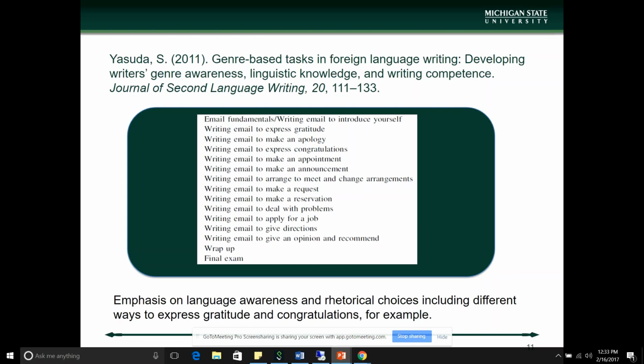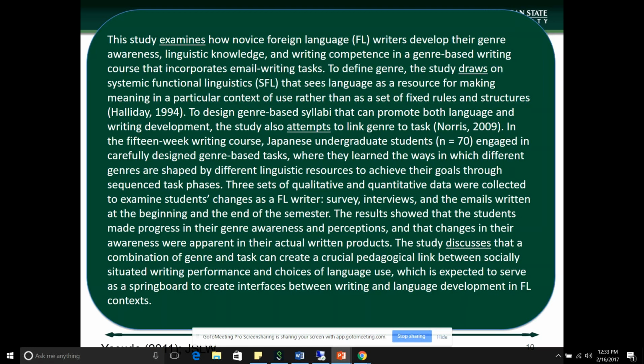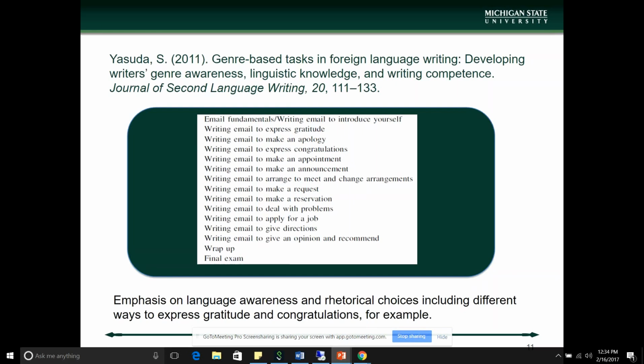If we go back to the abstract example, this is the kind of activity a lot of us would use if we were teaching an EAP writing class for students in an English-speaking context who are going to have to write academic articles or read academic articles as well. However, a lot of you might be saying, oh, I'm teaching a lower level class, in Yasuda's case, in Japan. So I can't really do this very well.